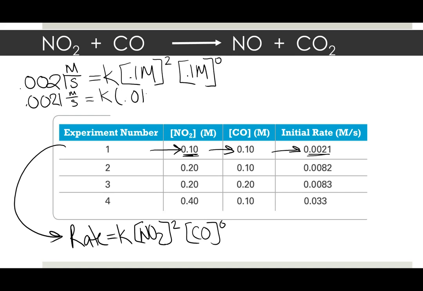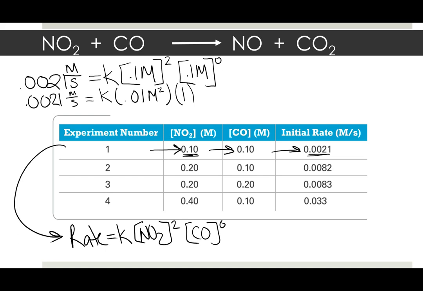And if I square the number, that's also going to square my unit. So now that's molarity squared. And then this guy is raised to the 0 power. So anything raised to the 0 power is just 1.